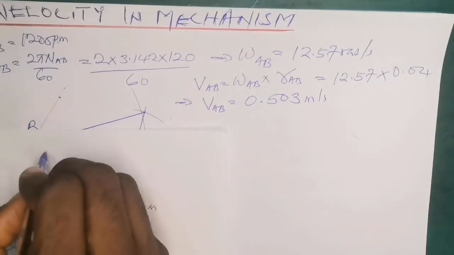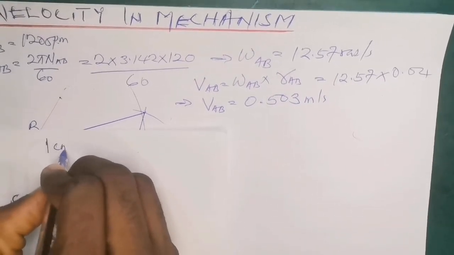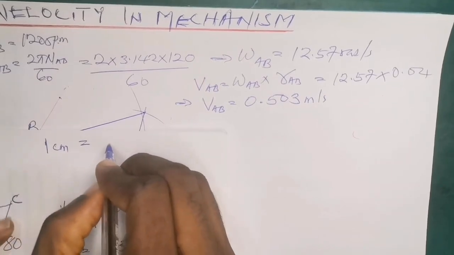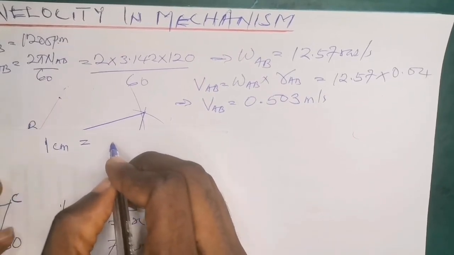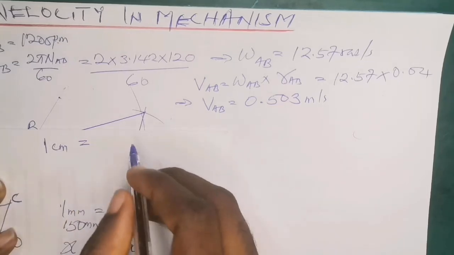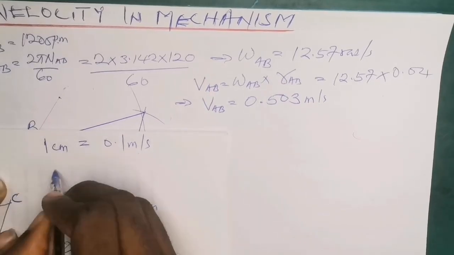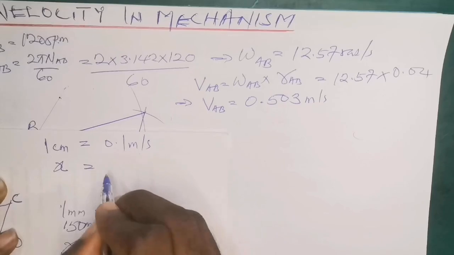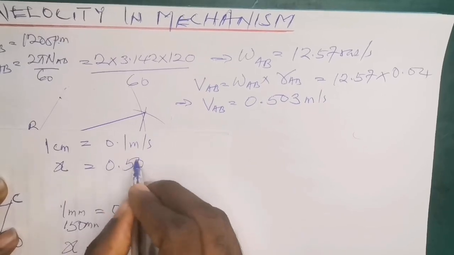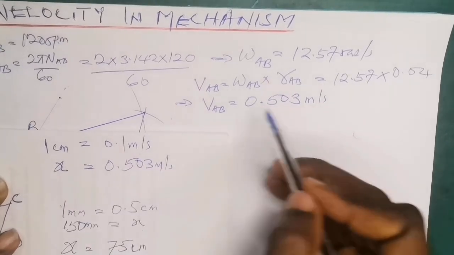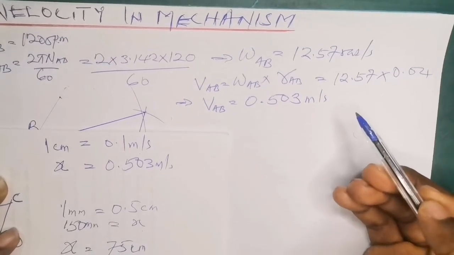So you can simply say let 1 centimeter be equal to 0.1 meters per second. Therefore, how many centimeters x will be equal to 0.503 meters per second? Because this is what we just obtained here, 0.503 meters per second.